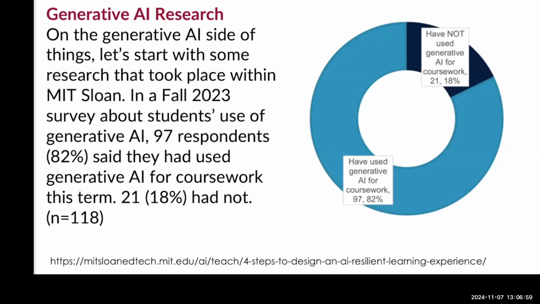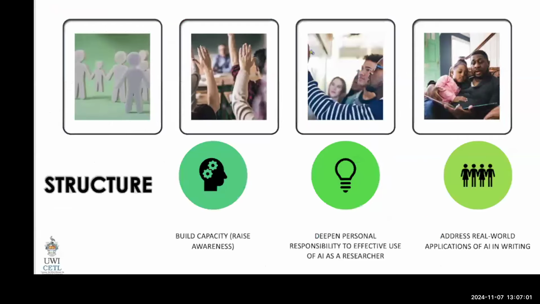All right, how would you know that you're successful in today's session? The aim or the goal of this session is really to build capacity, raise awareness of AI and its applicability in your context as a writer, and deepen your personal responsibility when it comes to using the tool effectively, what we call social, ethical, responsible use of artificial intelligence.